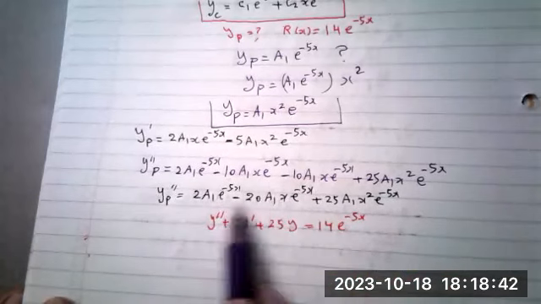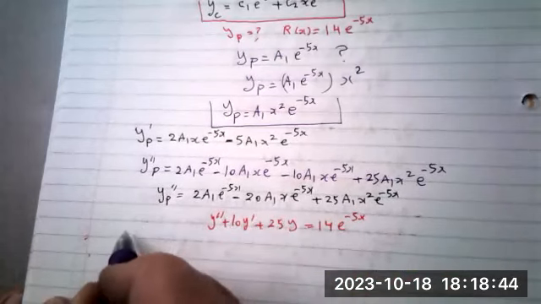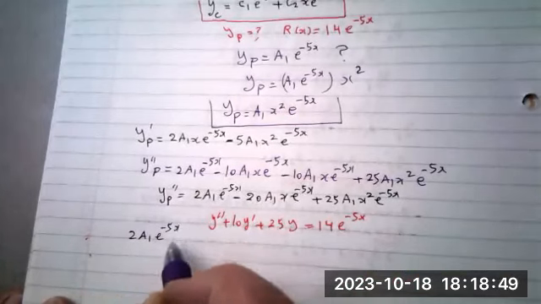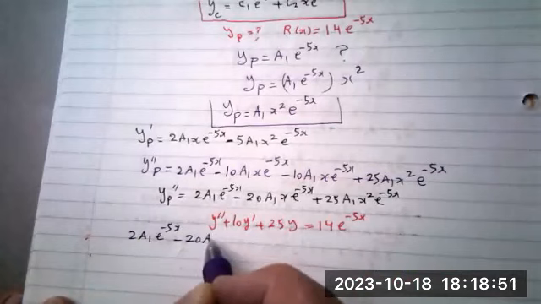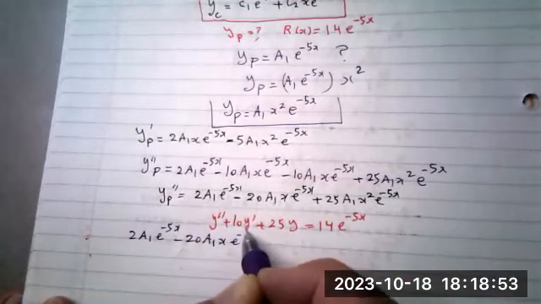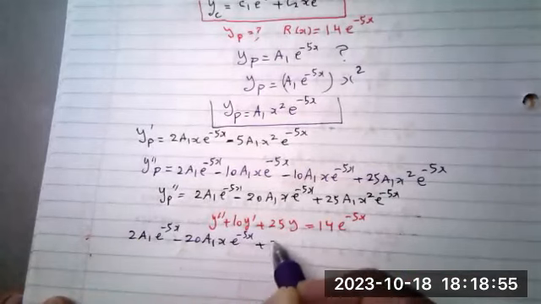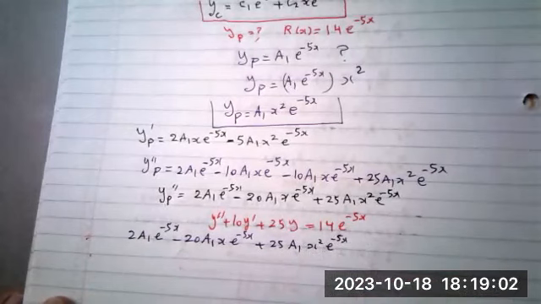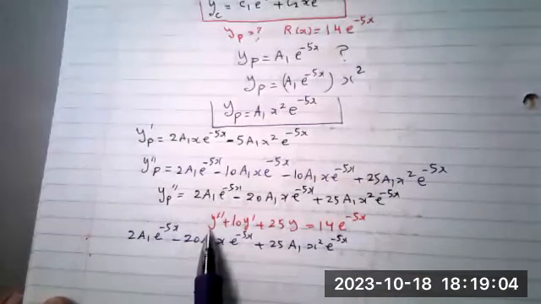This is your y double prime: 2a1 e to the negative 5x minus 20a1 x e to the negative 5x, plus 25 a1 x squared e to the negative 5x. This is all for y double prime.